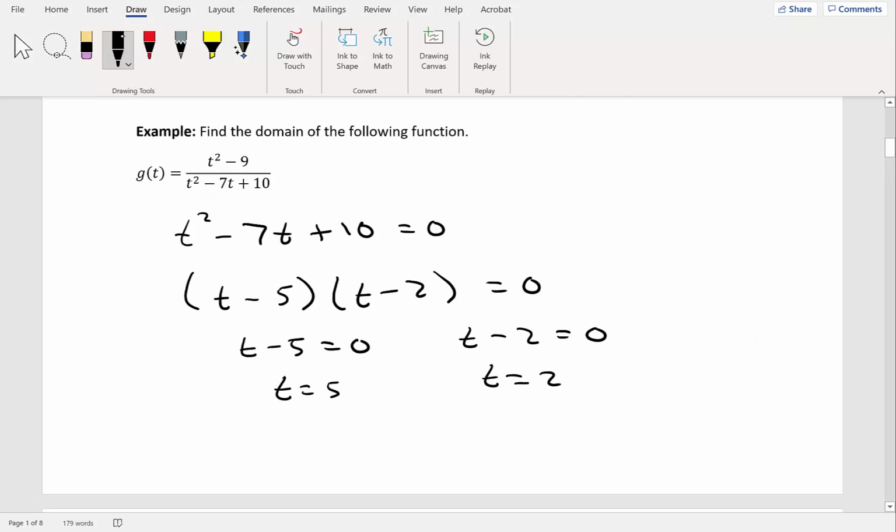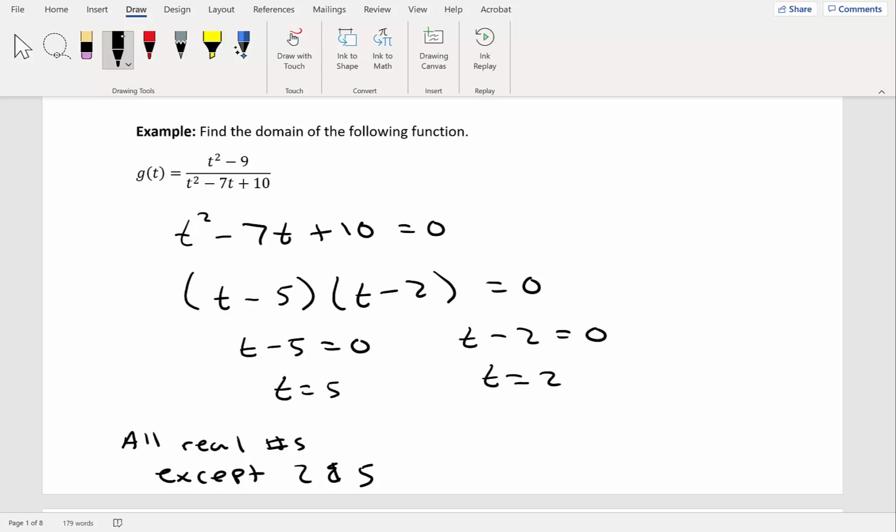So our domain would be all real numbers except 2 and 5. These are the only two numbers that will make this function undefined.